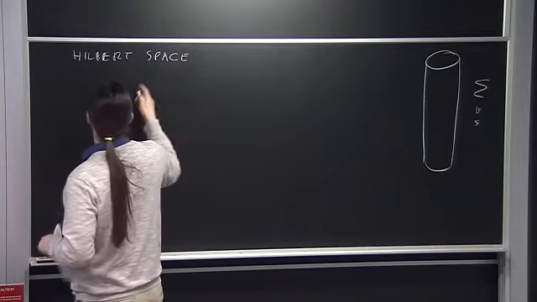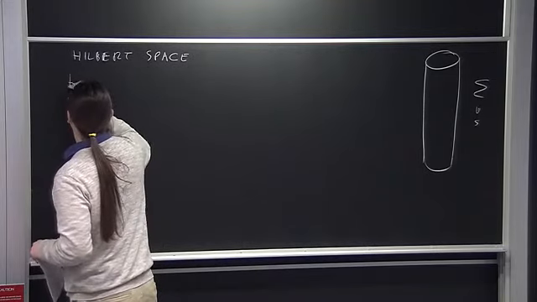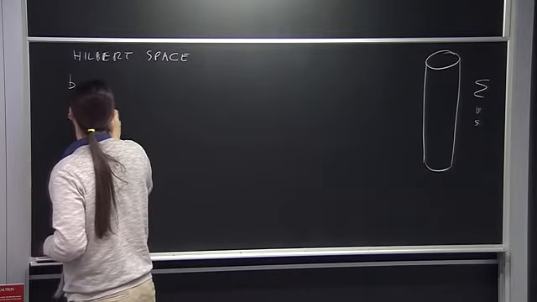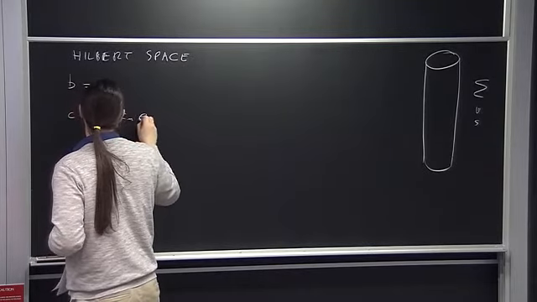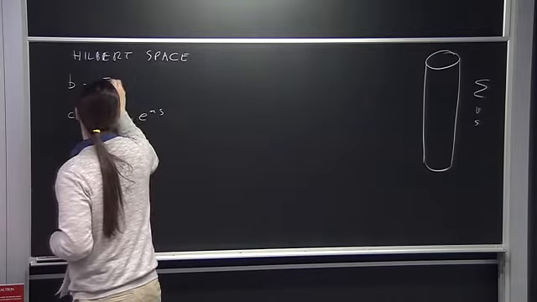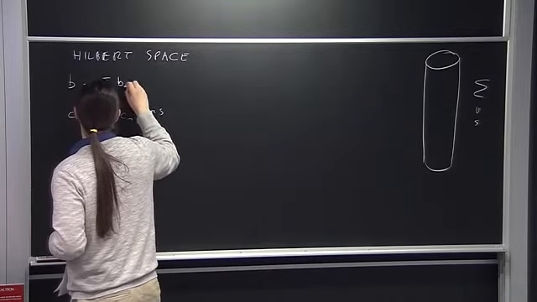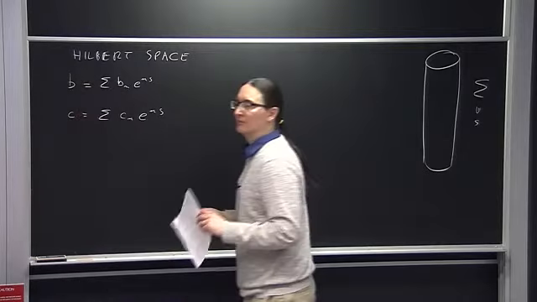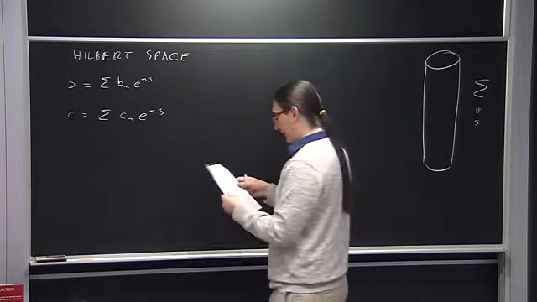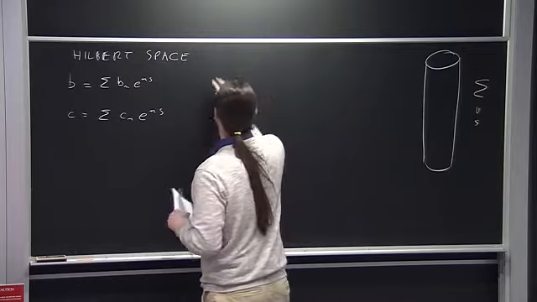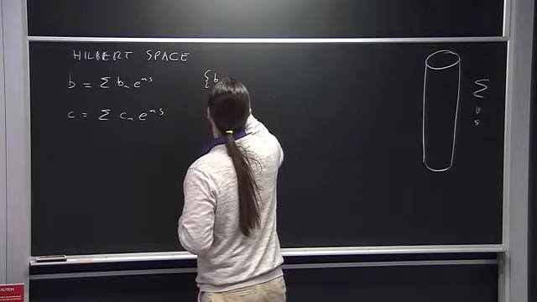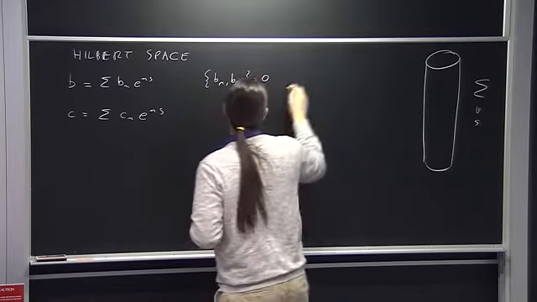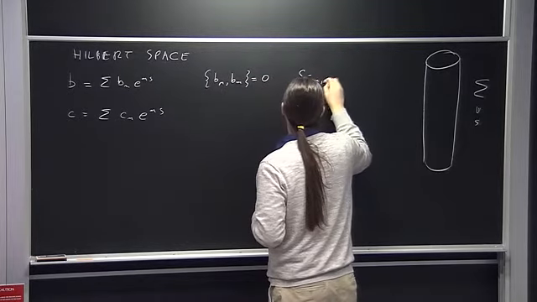So you can expand your B and C in modes. And then you get canonical commutation relations. The B's anti-commute with themselves. The C's anti-commute with themselves.